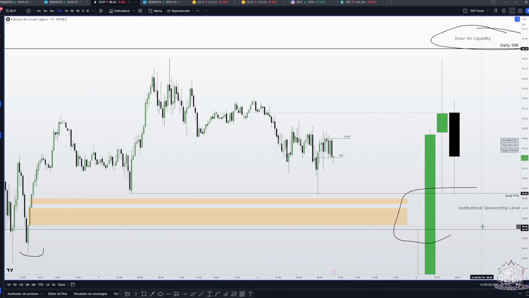Crude oil is in the same price. Doesn't move.